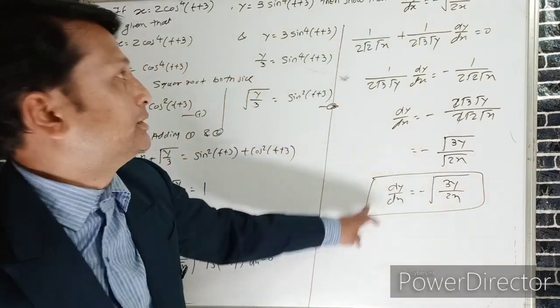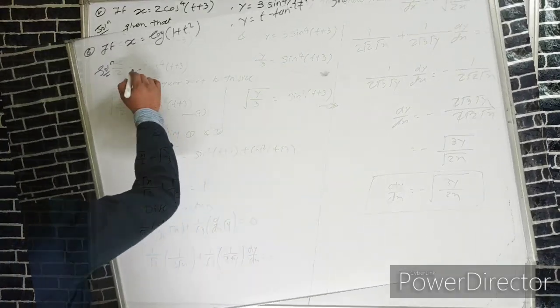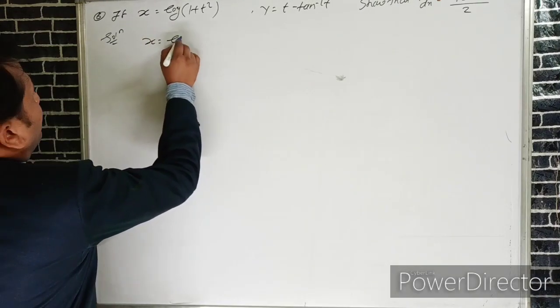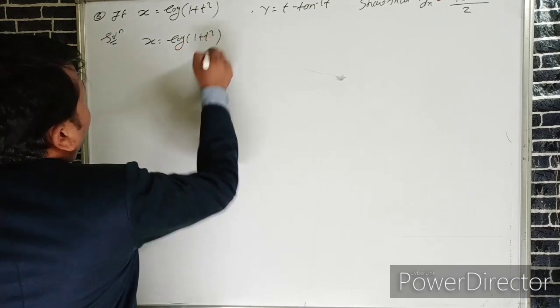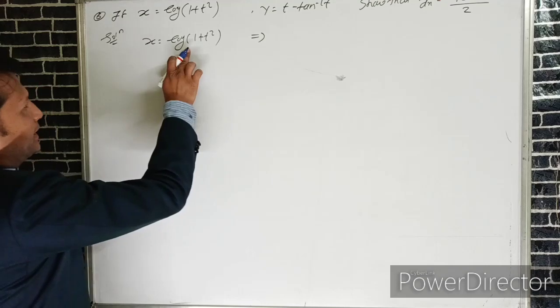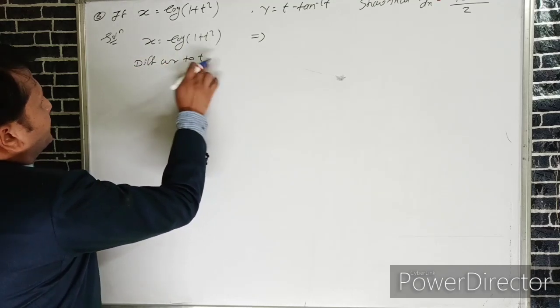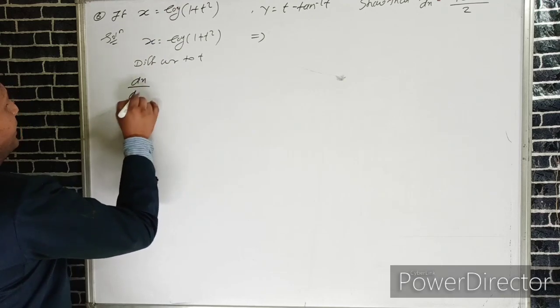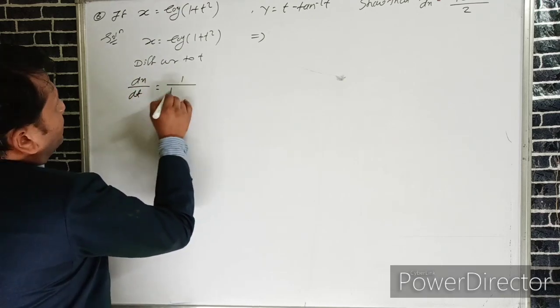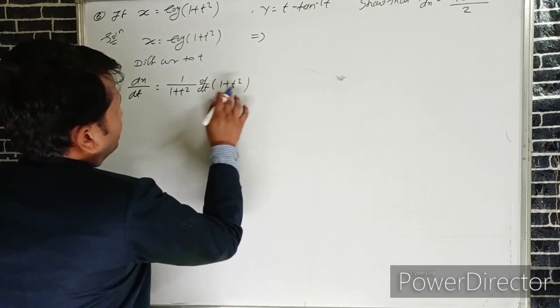dy upon dx is equal to minus 3y upon 2x. Next, x is equal to log of 1 plus t square. From this condition, if we differentiate with respect to t, we can write dx upon dt equals 1 upon 1 plus t square into the derivative of 1 plus t square.